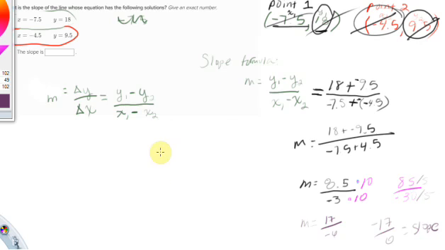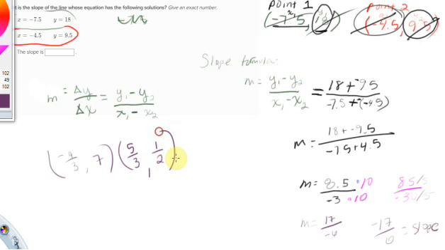So that's all you do. You might come across a few where you have fractions here. So you might have something like this: negative 4 over 3, comma 7, and 5 over 3, comma 1/2.